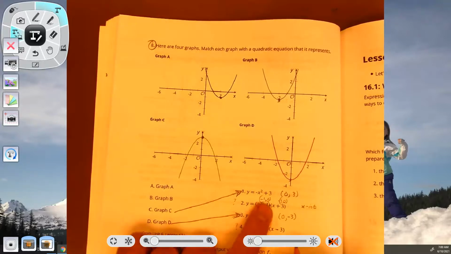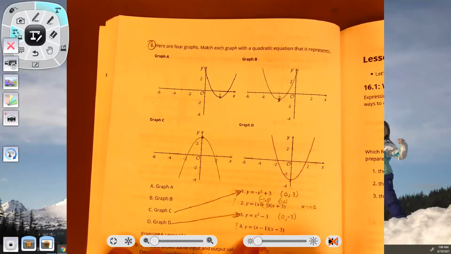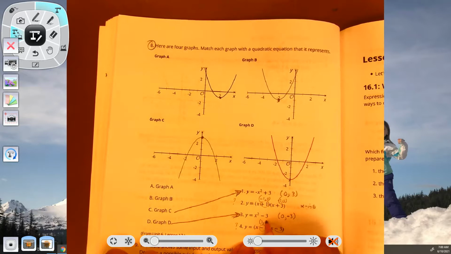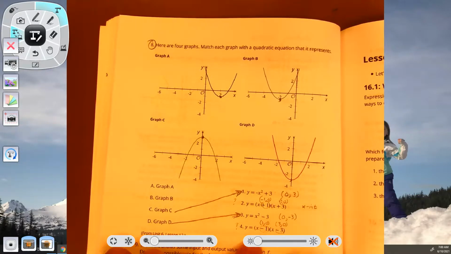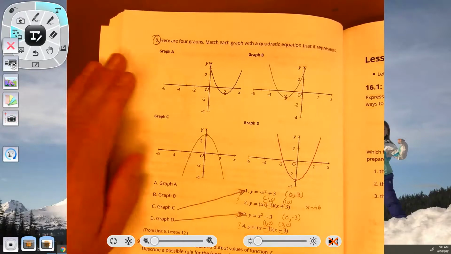Those are the x-intercepts for this one. For number 4, this one's in factored form. The same thing. The x-intercepts are right here and right here. So +1, 0, and +3, 0. Remember, we're switching the signs, just like we did with the h value of the vertex.